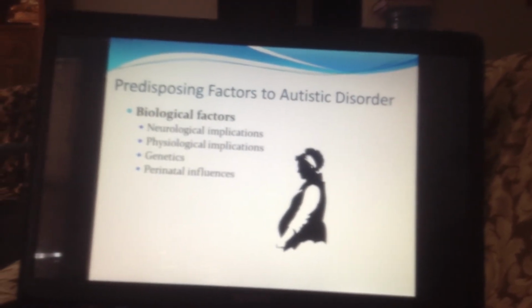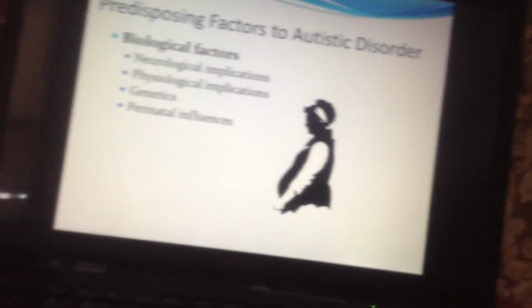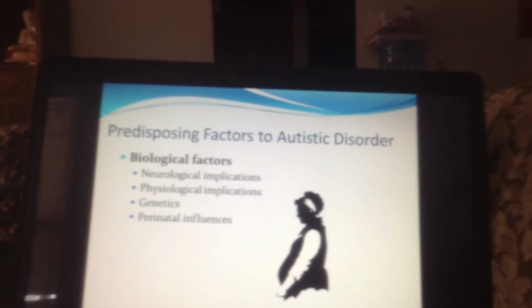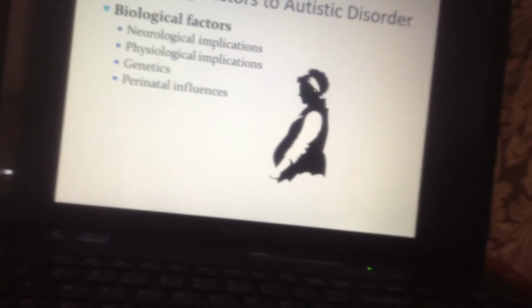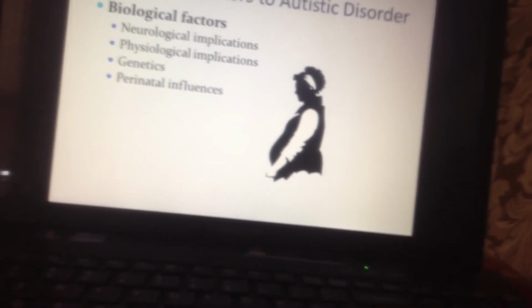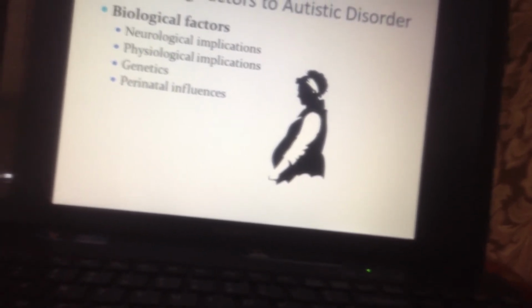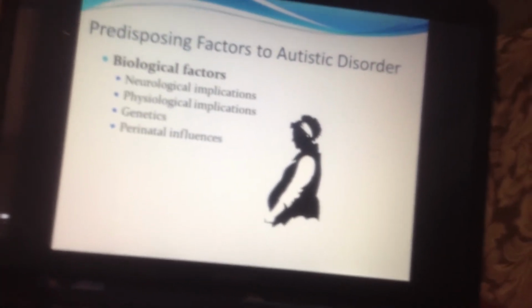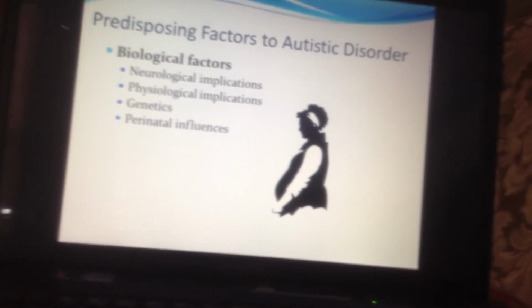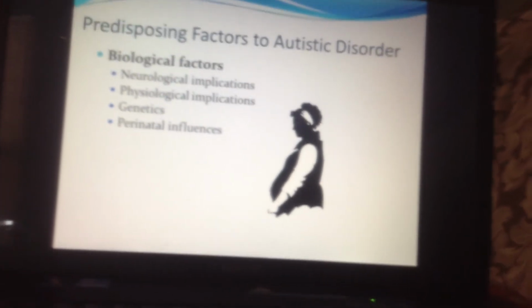Biological factors, you can look at neurological implication, and what that means is abnormalities in brain structure or function. Physiological implication would be maternal medical conditions such as rubella. Genetics, we don't have to go over those, that's pretty simple. Perinatal influences would be maternal asthma or allergies.